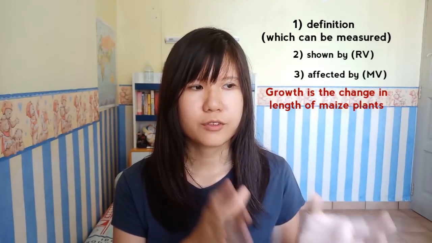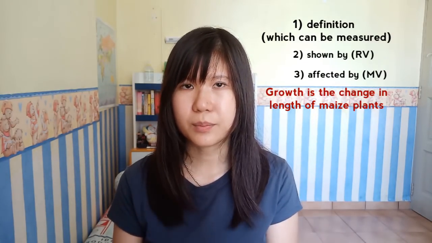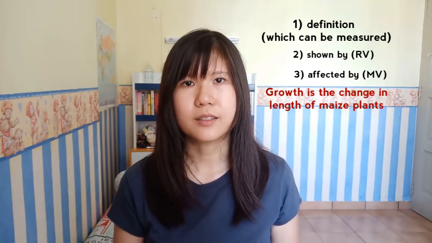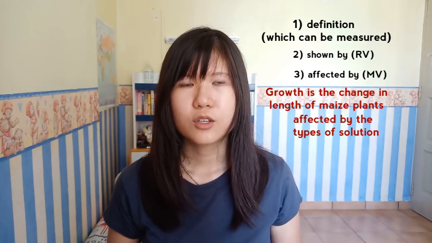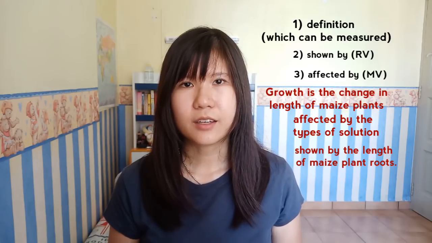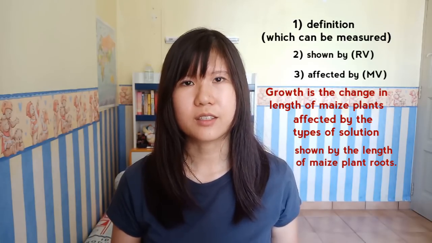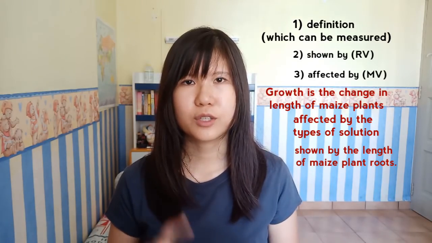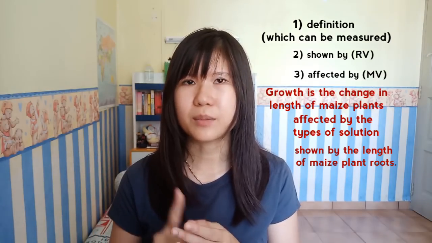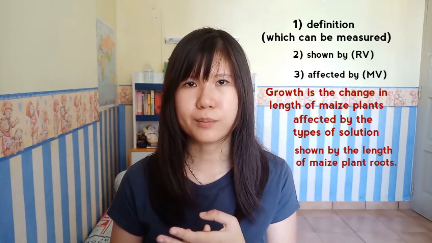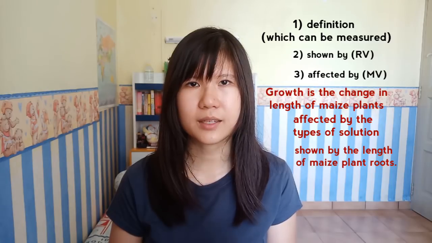Okay, so growth is the change in the length of maize plants affected by the types of solution, shown by the length of maize plant roots. That is your operational definition. You need 3 things. One is the definition, which can be measured. The second thing is shown by, and the third thing is affected by.